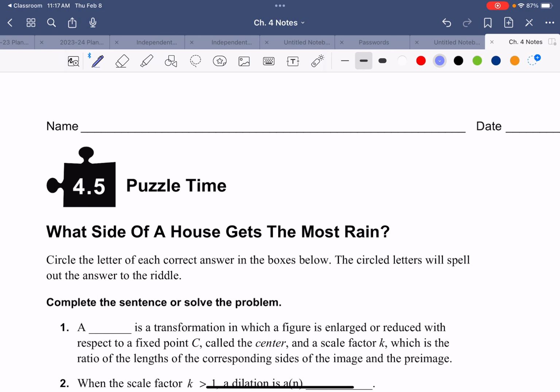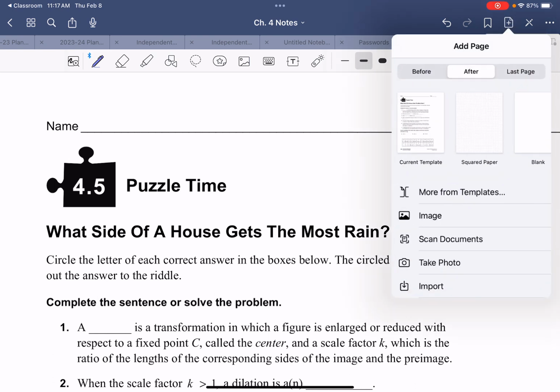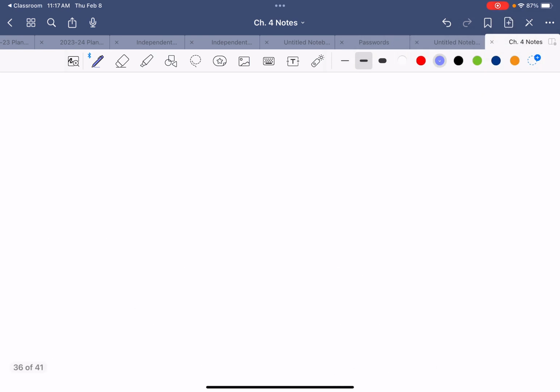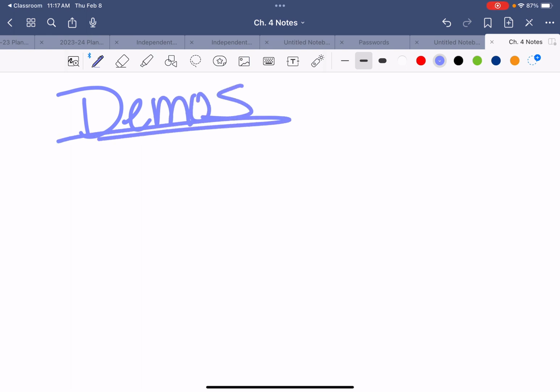Now, something that I'm not there to tell you, but I'm going to tell you about it here right at the end. I had a student in first block that came and showed me something amazing in Desmos. Absolutely amazing. Desmos has a lot of functions in it.